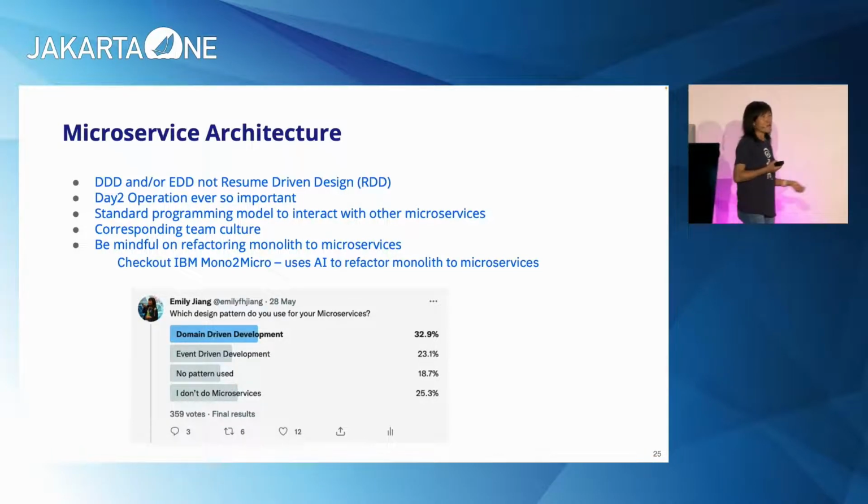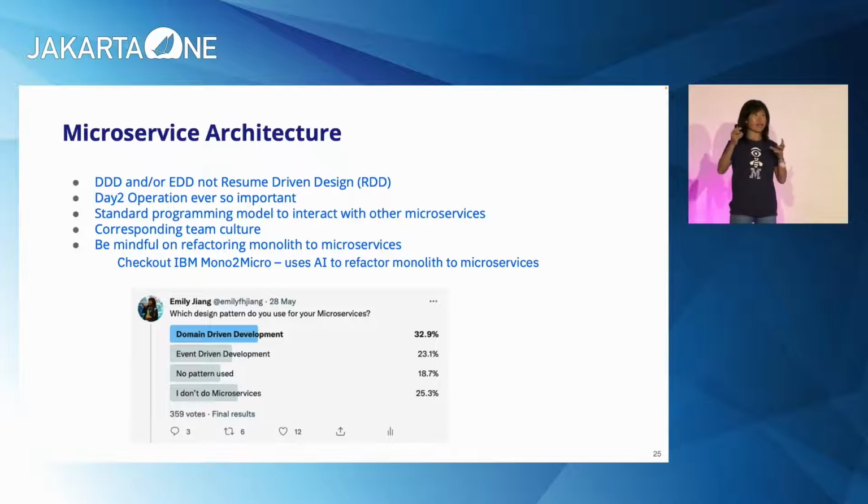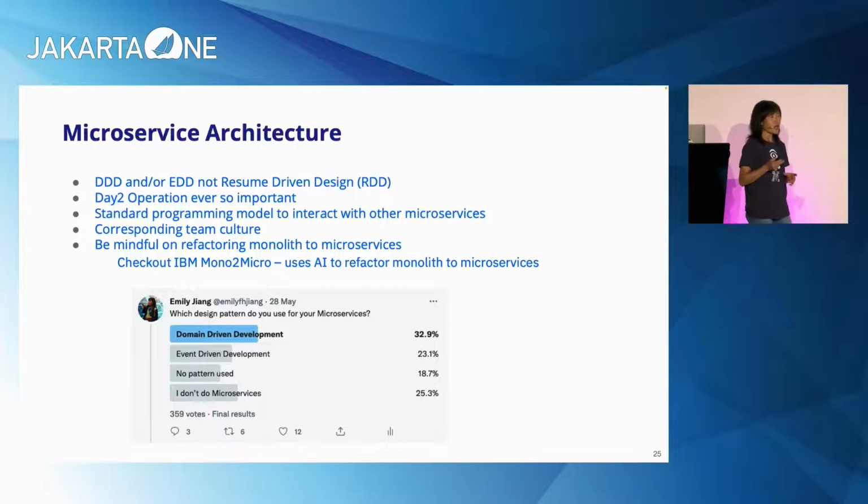There are patterns like the strangler pattern and others. In IBM, we also use AI to help refactor monoliths into microservices. We have a project called Mono to Macro. Basically, we use AI to monitor real business operations, use that data to figure out the context, and recommend what the microservice boundaries are.